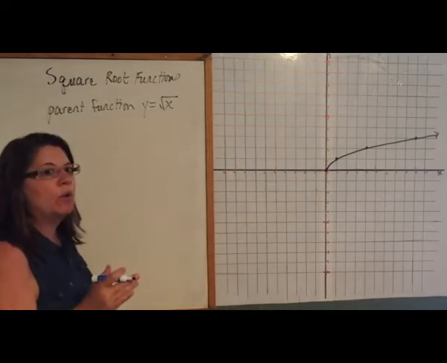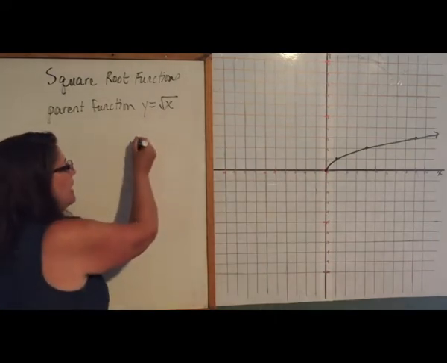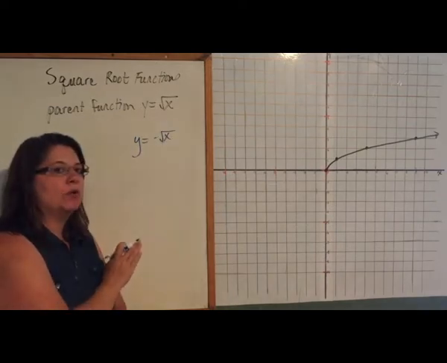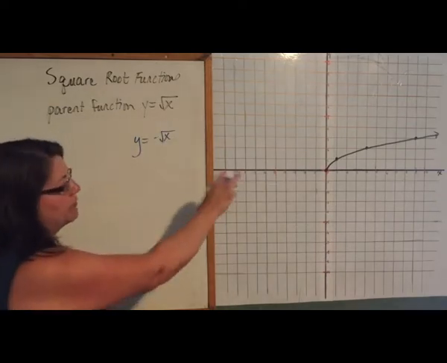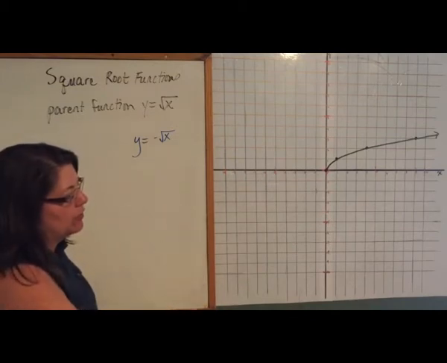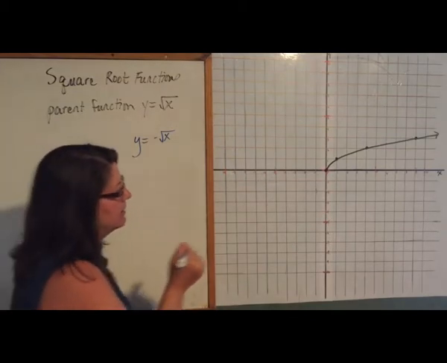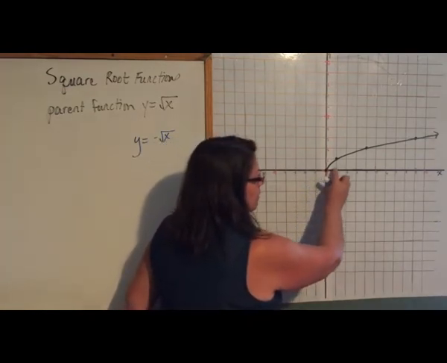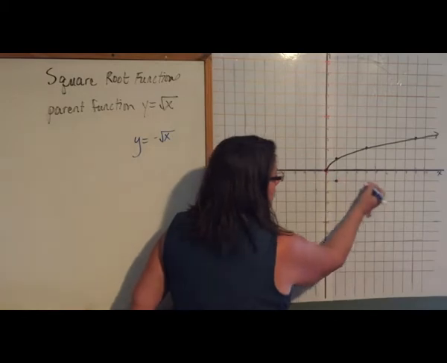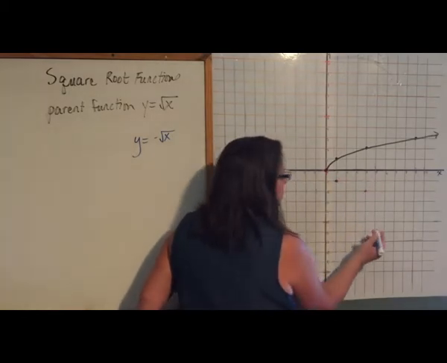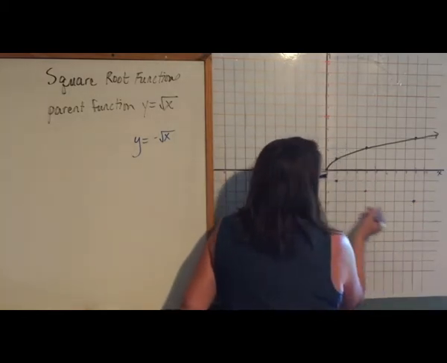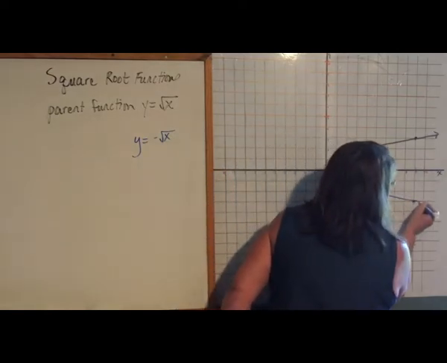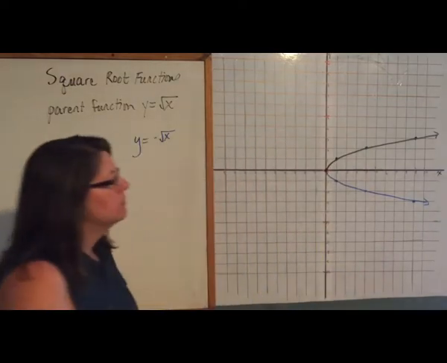We also talked about what would happen if we put a negative in front of that. If we have y equals negative square root of x, we said that would reflect that black graph across the x-axis. So my starting point would still be 0, 0, but then we would go right 1 down 1, right 4 down 2, right 9 down 3, and get the reflection of that graph below.